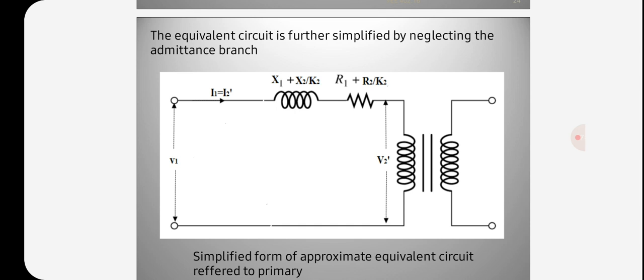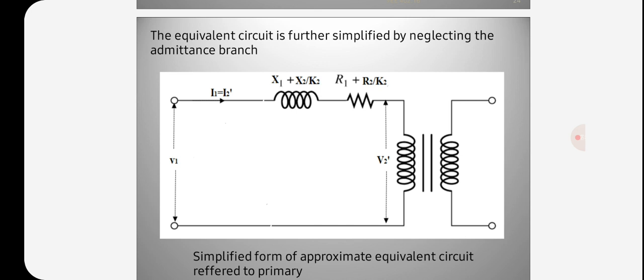It is useful to know the performance and behavior of a transformer using the equivalent circuit. The analysis of the transformer can be done by the direct application of electric circuit theory.